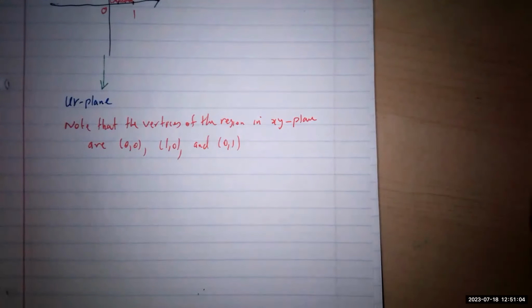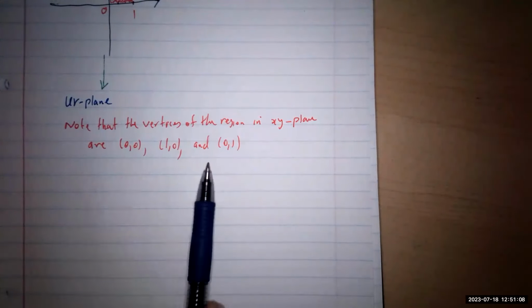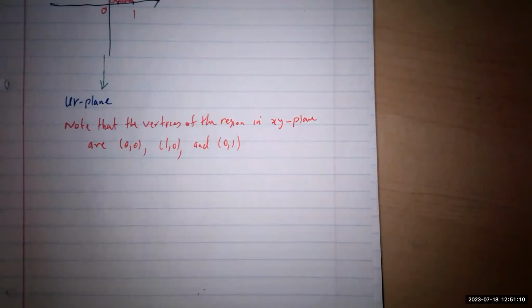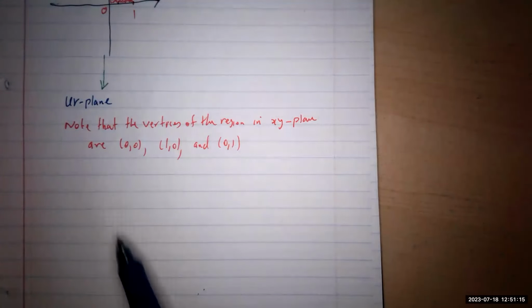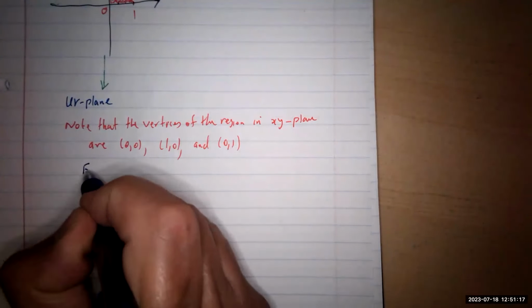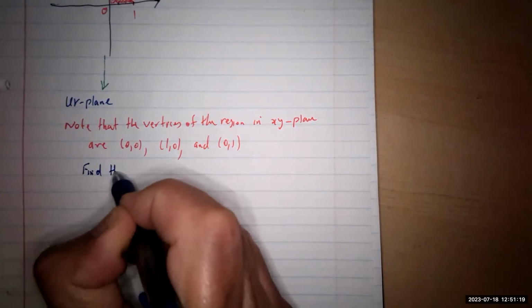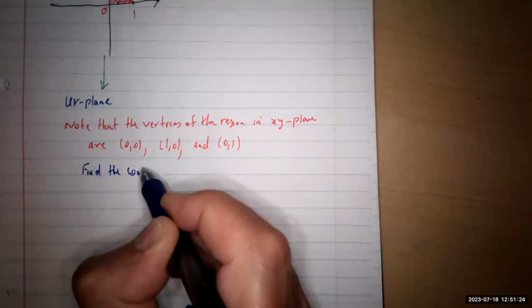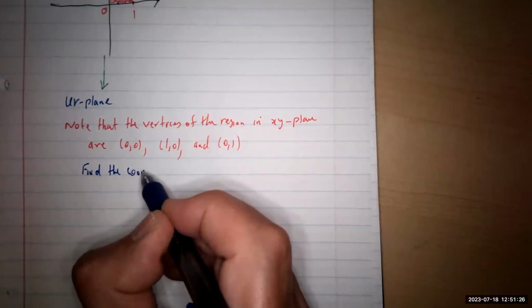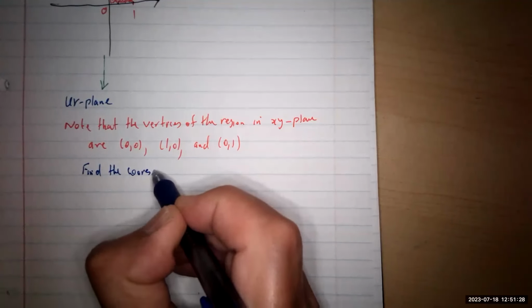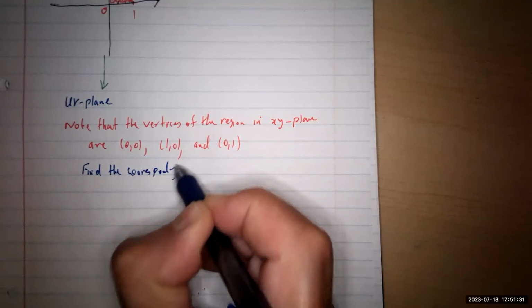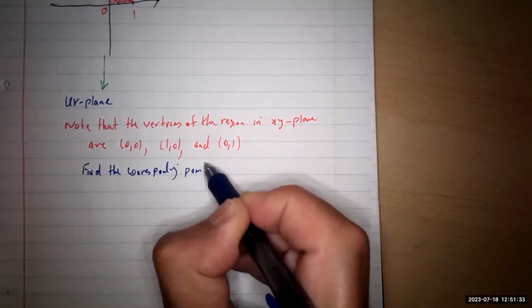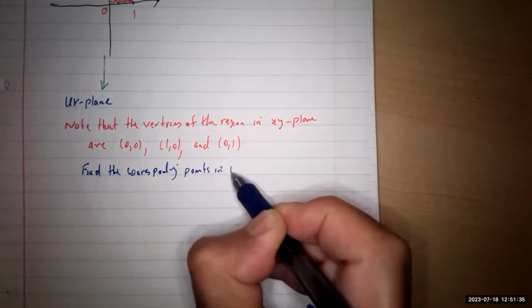Remember they are X, Y. So go and get these points into the UV plane. Find the corresponding points in the UV plane.